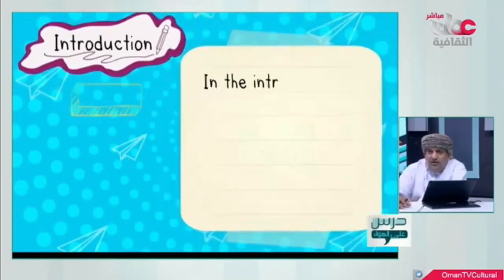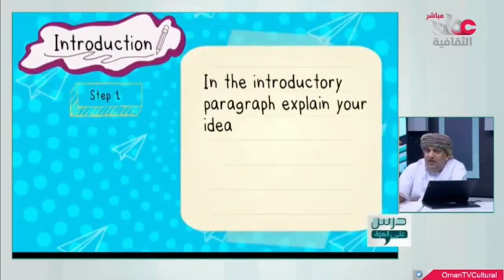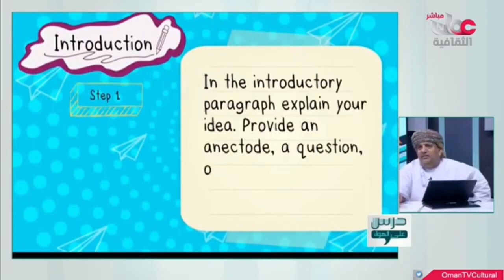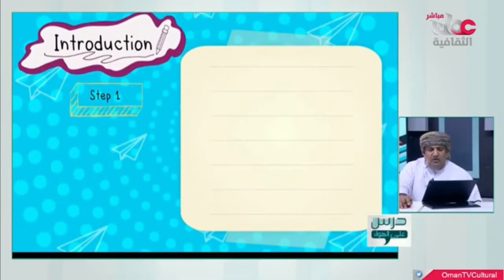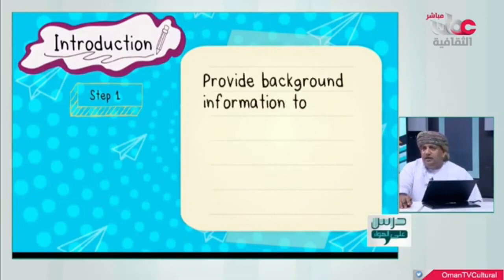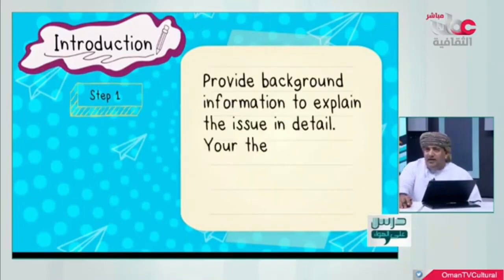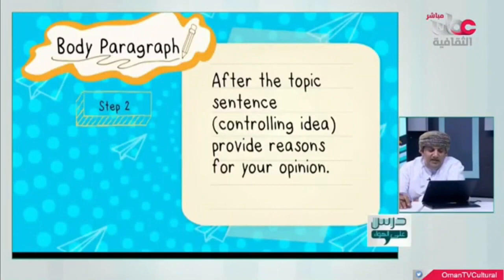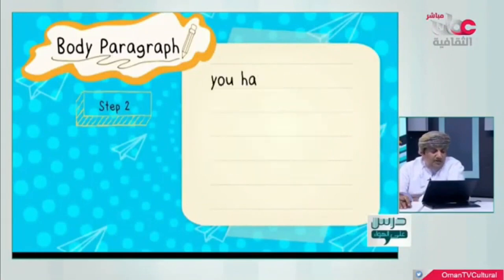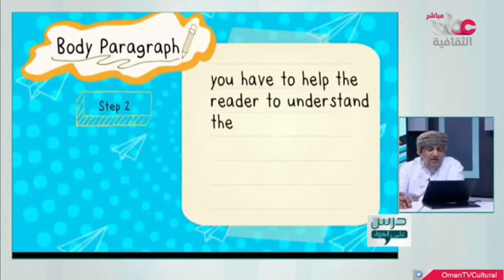Also, we learned what to write in the introduction: explain your idea, provide a question, and provide background information to explain the issue in detail. The body paragraph, after the topic sentence and controlling ideas, provides reasons for your opinion. You have to help the reader understand the writer's point of view.